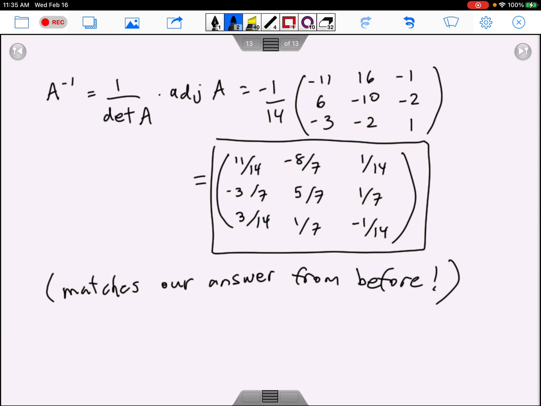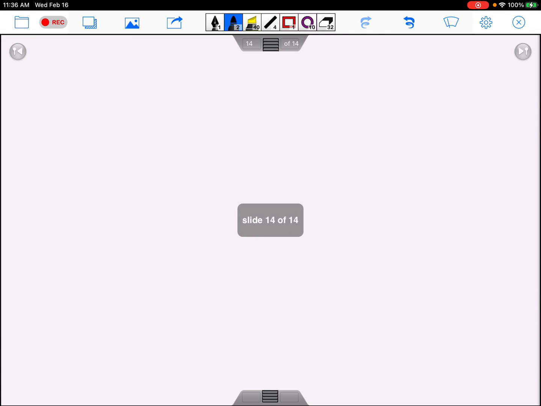I would not use this method if I were just finding the inverse of a 3x3 matrix. I think the Gauss-Jordan method is still faster, but this leads us to a really nice shortcut for finding the inverse of a 2x2 matrix.